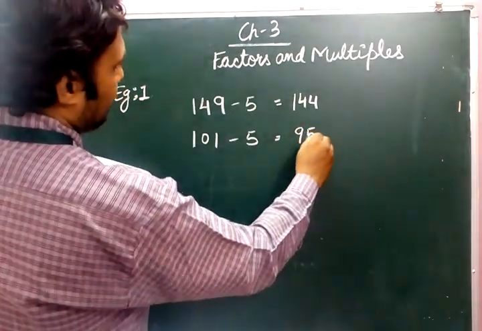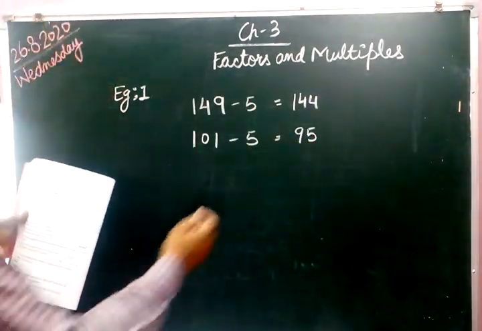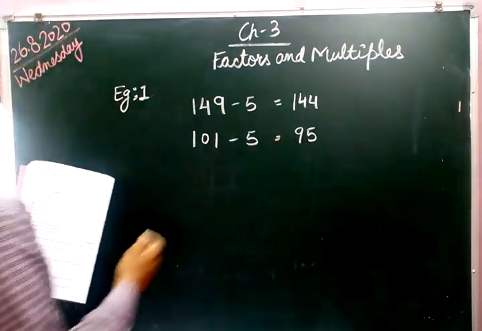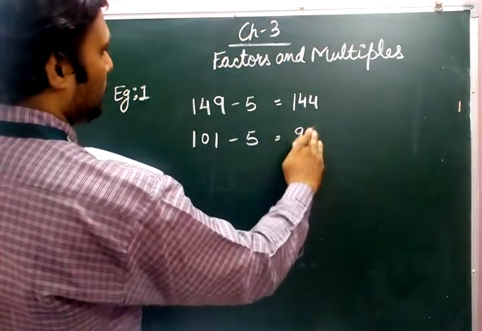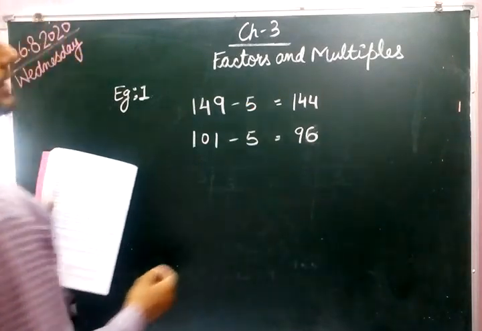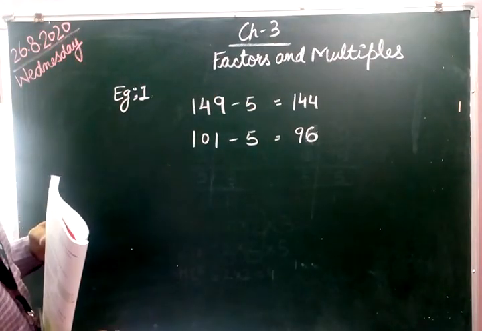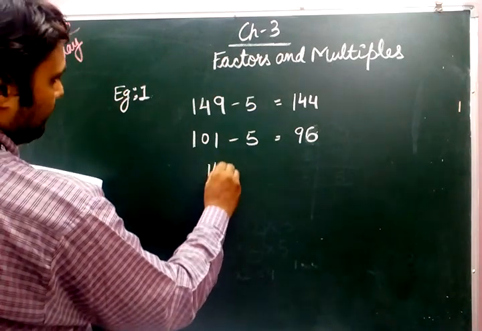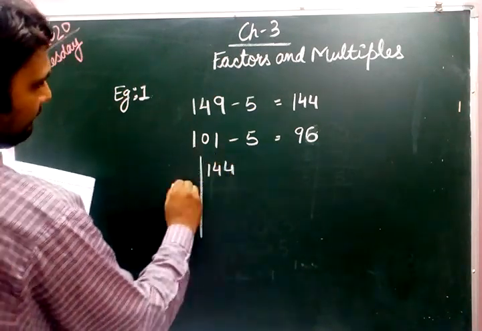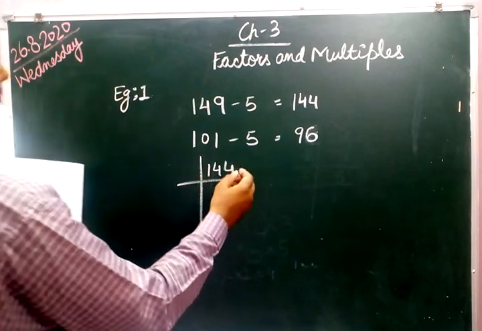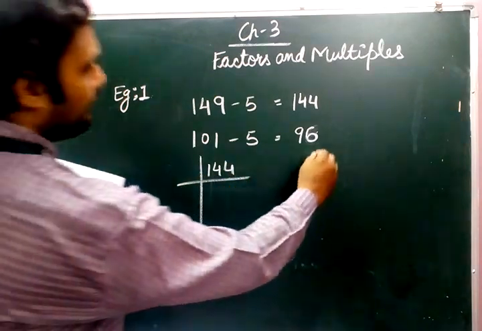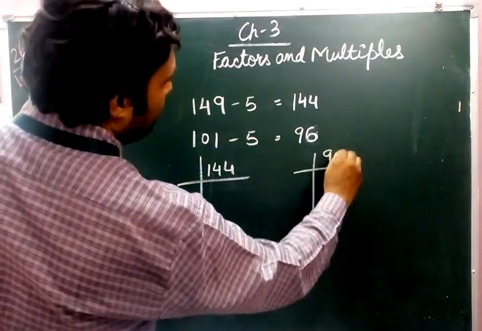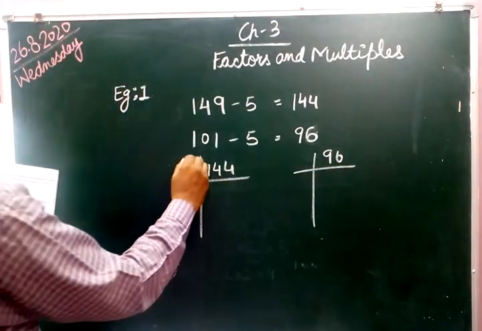So both 144 and 96 are divisible without leaving a remainder. We have to find the factors of 144 and the factors of 96, and then find the HCF of both the numbers.